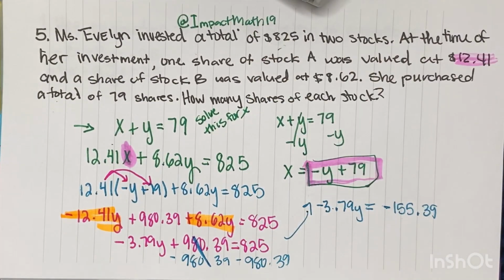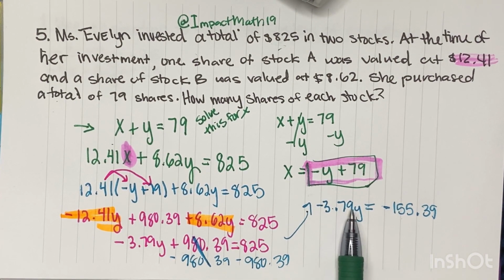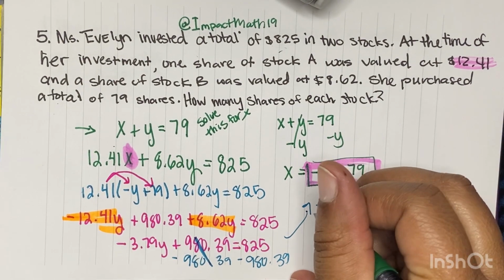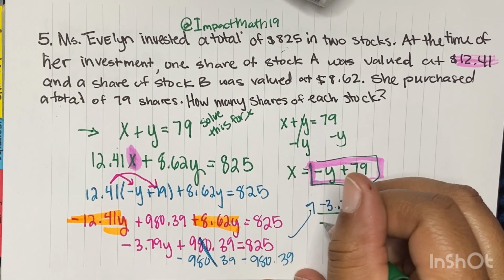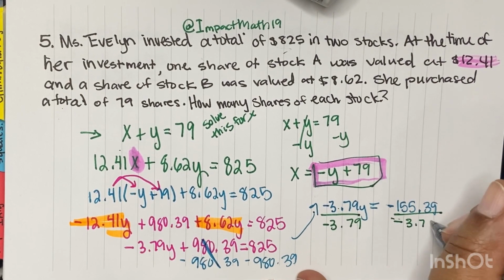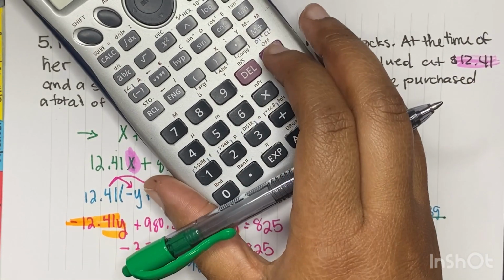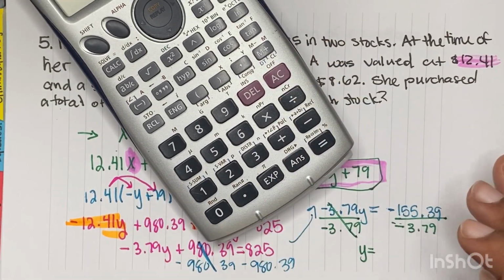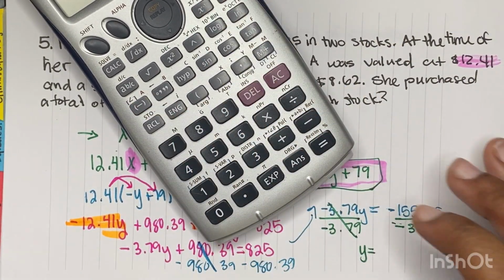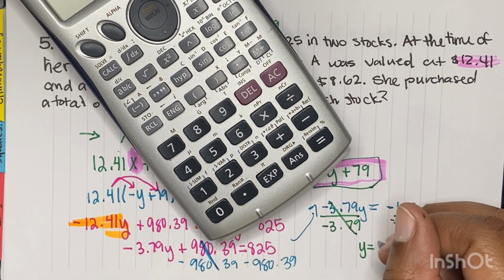Now, last up. Whenever we want Y by itself and it's connected to a number, they're multiplied. So we undo that by dividing by whatever is with the Y. Okay, this cancels and we get Y equals, we're going to divide this by negative 3.79 and we get 41.